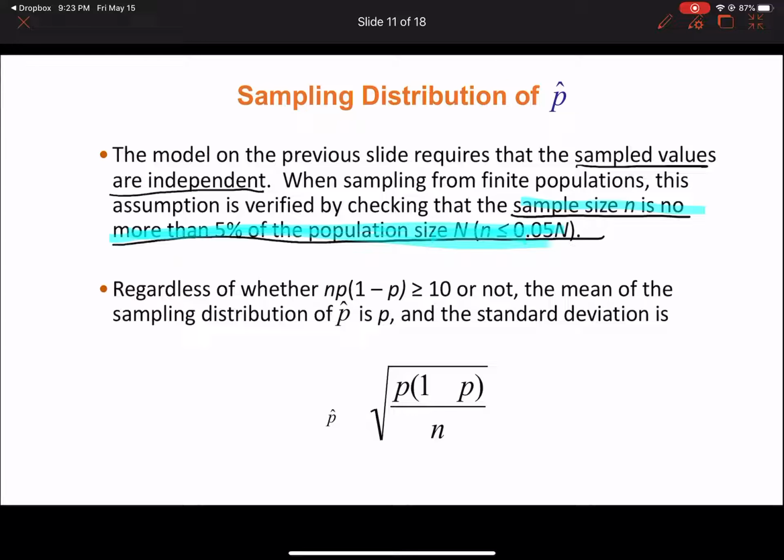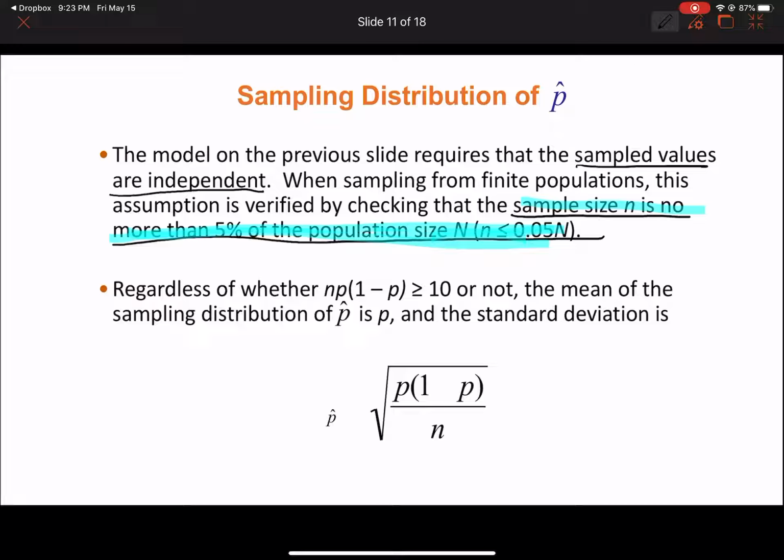The reason for this is if we had a larger sample size, the likelihood of having overlap of our sample values, or having people that interact with each other, would cause the sampled values to not be independent. Remember we were talking about independence before, and the two women living in the same apartment building, those deaths would not be independent. So if our sample size is smaller than 5% of the population, we can assume independence.